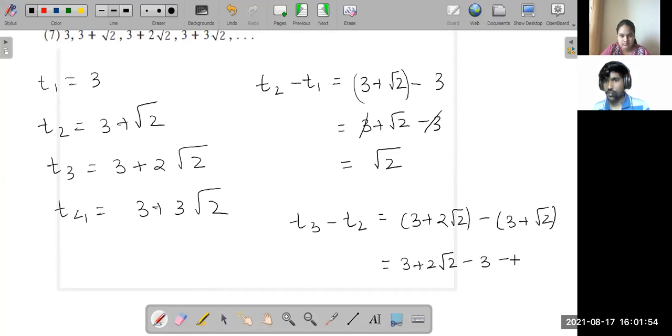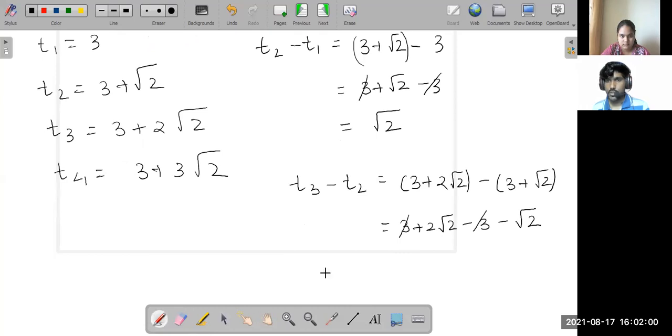So this becomes minus 3 minus root 2. 3 minus 3 cancel. And here you are left with 2 root 2 minus root 2. So these are like surds. 2 minus 1 becomes 1. So it becomes just root 2. Did you understand this?